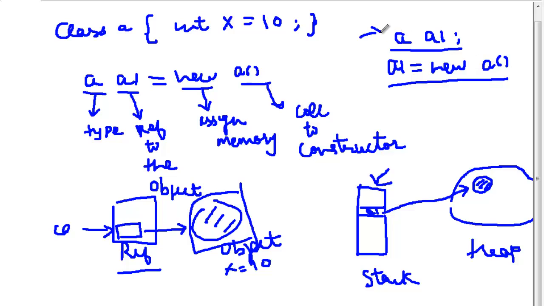Before this, the reference has no attachment with any object, and you cannot manipulate it as if it is an object. So this is just a reference here, but it now becomes a pointer to an object once you assign some object to this reference.